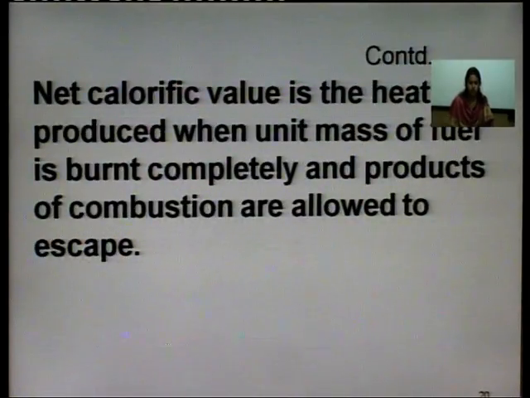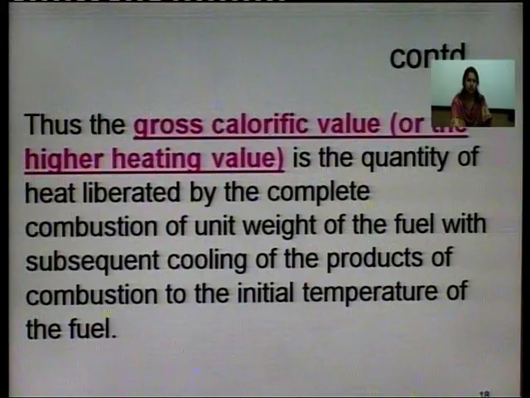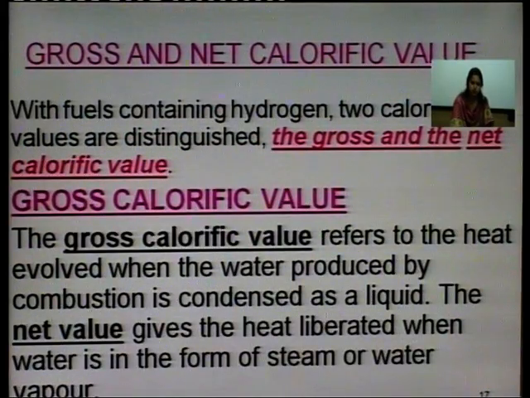So, what is the difference between gross calorific value and net calorific value? As we all know, the fuel contains hydrogen. That hydrogen can be oxidized to water, to steam, during the combustion. When this steam is allowed to condense to room temperature conditions, the latent heat of condensation is evolved, and this heat is also included in the gross calorific value.